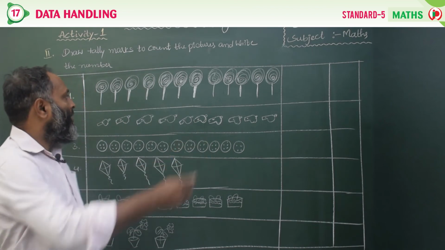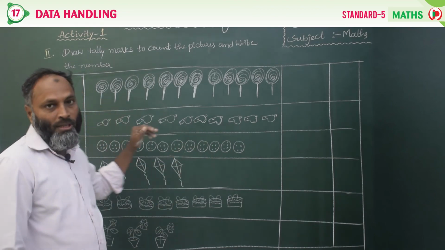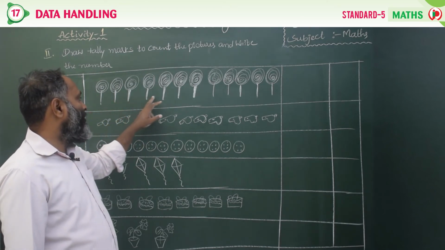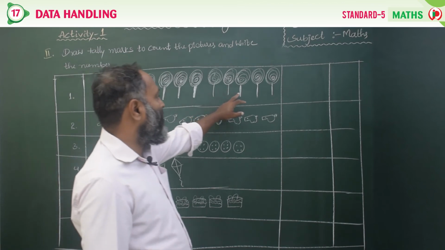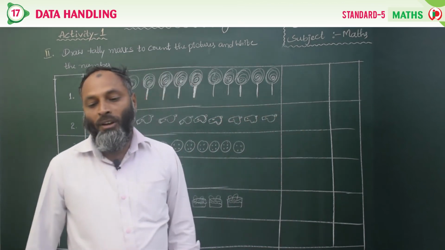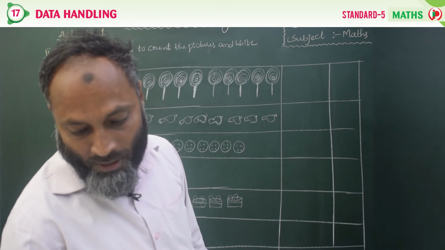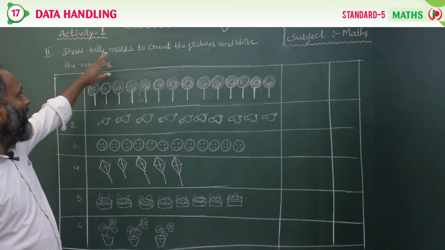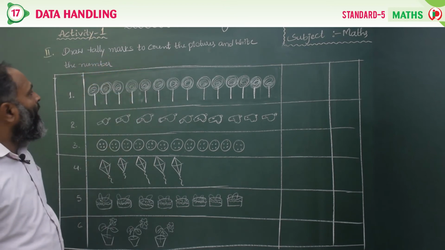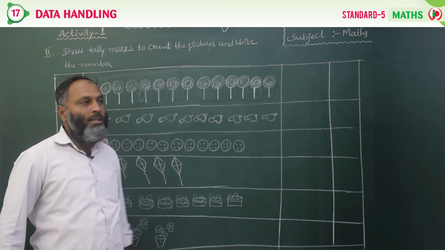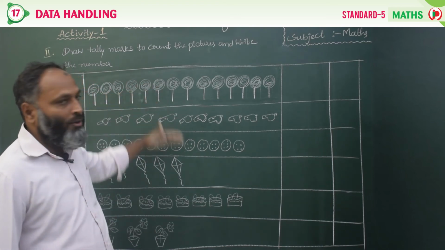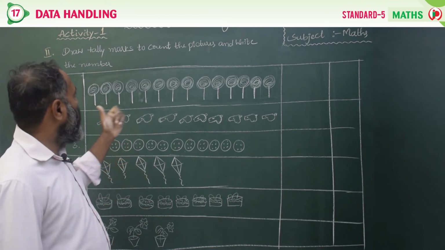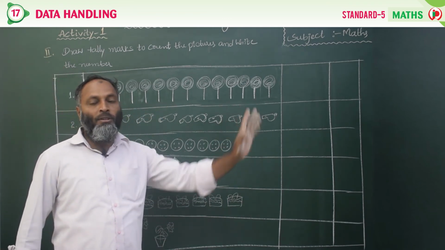First, how many lollipops were there here? 1, 2, 3, 4, 5, 6, 7, 8, 9, 10, 11, 12. So now, students, in activity first, the second question: draw tally marks to count pictures and write the number. Total 6 groups of pictures are given. First we count and write the tally marks, then after that we write the total frequency.